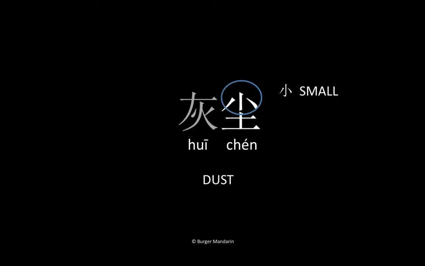The part on the top is a word called 小, which means small. The part in the bottom is a word called 土, which means soil. Dust is thinner than soil, so small soil means dust. So 灰尘 literally means gray dust.